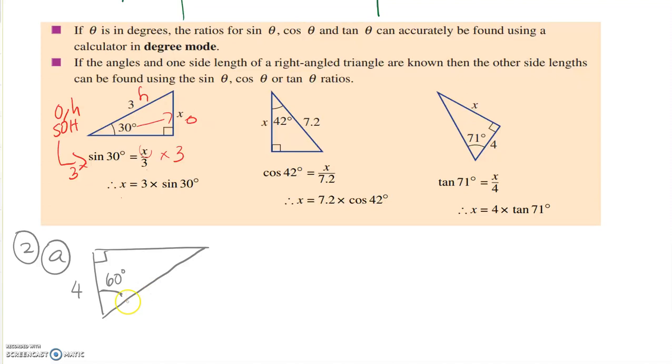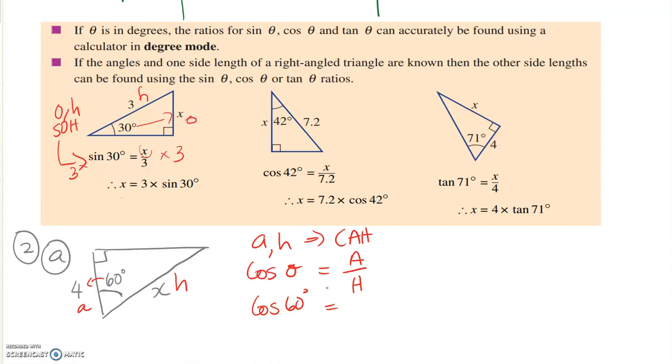That is 4, and we have to find x. Okay, so that's the angle. What's given is right next to that, which is the adjacent side, and then the hypotenuse. So if you have to work that out, A and H is CAH, which means it's cos theta is equal to A over H. Let's substitute. So cos of 60 is equal to A, which is 4.